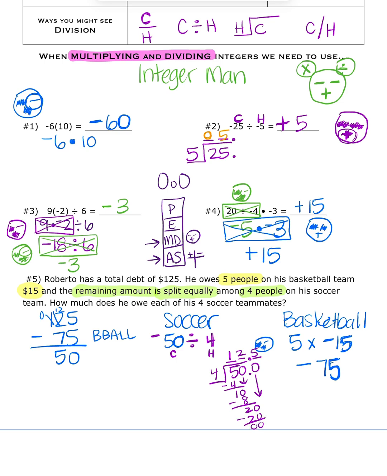And so that leaves how much for each soccer player? Well, he owes them $12.50 each. And I know it's negative because if I used my integer man, I had a negative 50 and a positive 4, which leaves a negative. And again, we're owing that money, so owing money is a negative. All right, so go practice multiplying and dividing integers.